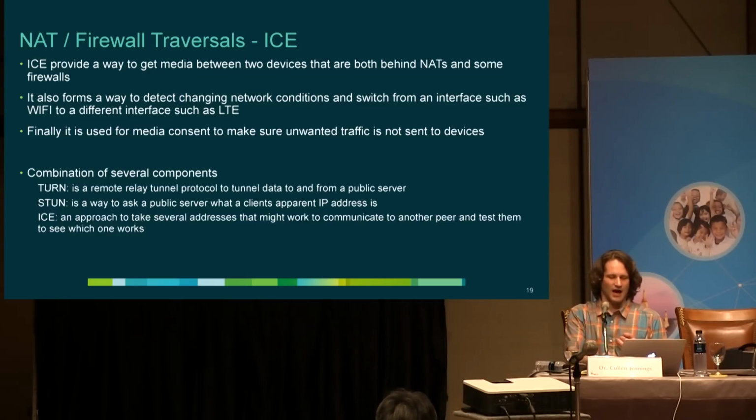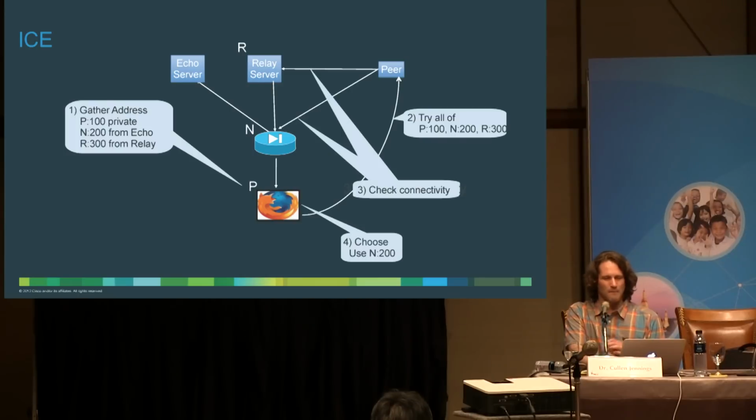The basic approaches that have been tried over time for getting through NATs: first of all, you have some local IP addresses on your machine. You might have a v4 address, you might have a v6 address. Those might work in some cases. Perhaps you have a global public address. Perhaps you're talking to someone behind the same NAT, and that IP address will work. So there's those classes of addresses.